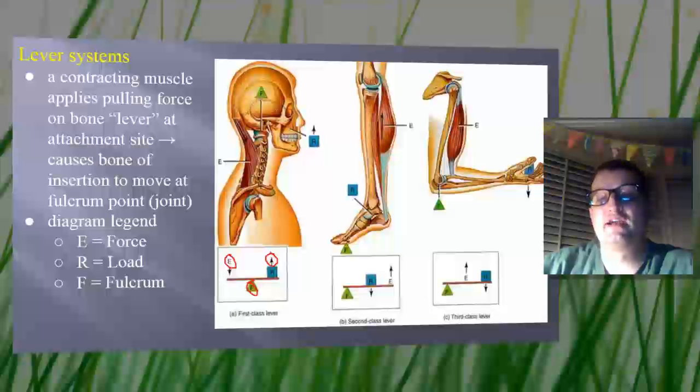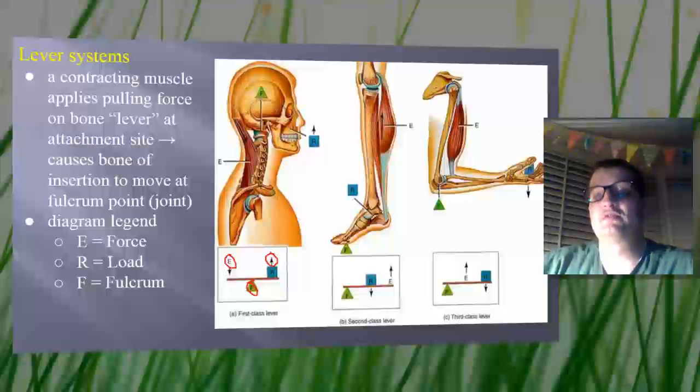A second class lever has the load in between the fulcrum and the force. And a third class lever has the load at the end, with the force lying in between the fulcrum and the load.